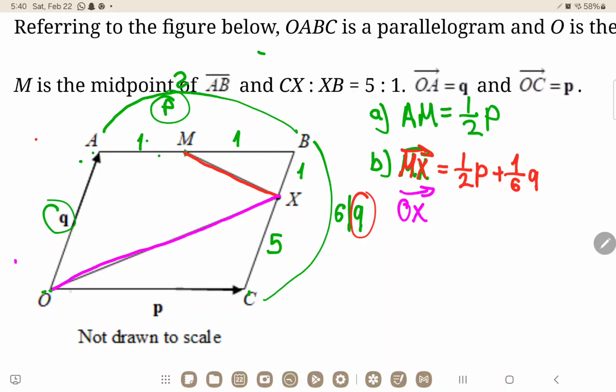OX is P plus CX. So it's equal to P plus, what is CX? Again, like BX. CX is 1/5 of Q. See? It's 1/5 of the whole thing, which is 6. So it's 5/6 of vector Q.